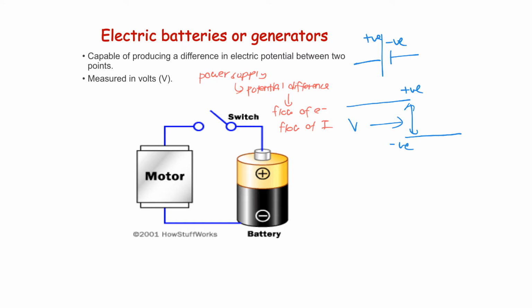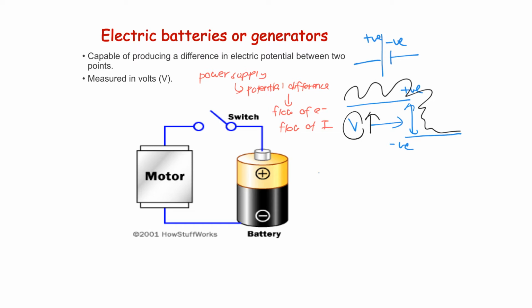So when you have a difference in level, the flow of electron, or you can imagine a flow of water, is going to be higher. What if I increase the V? What if I increase the potential difference?